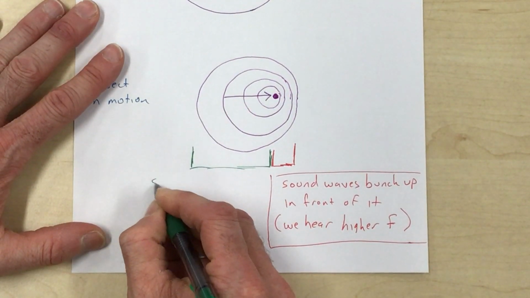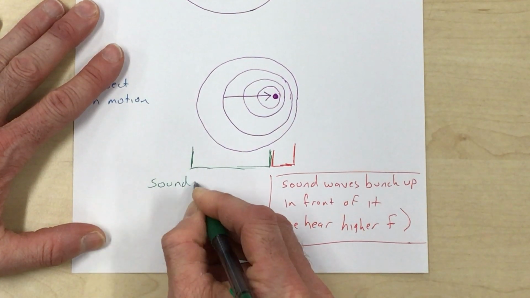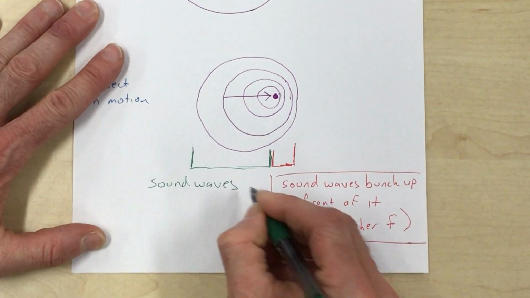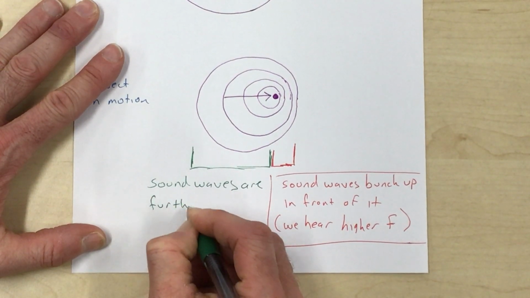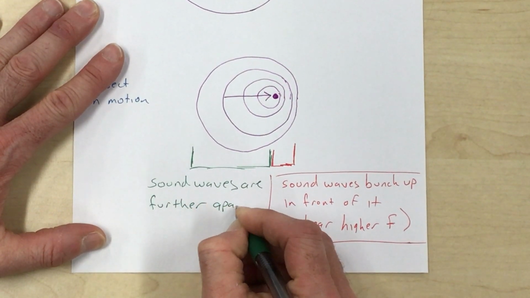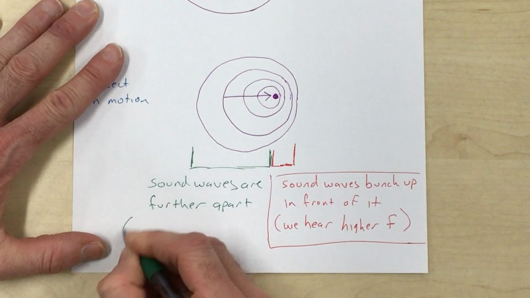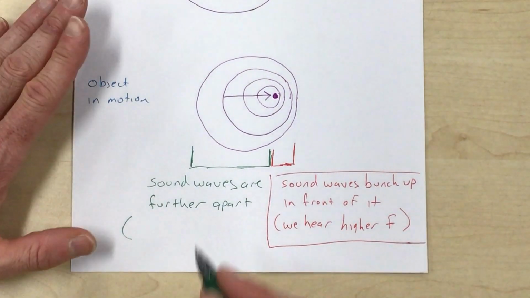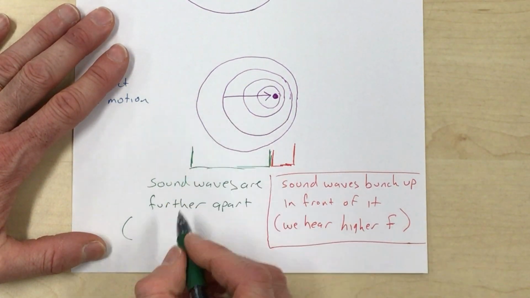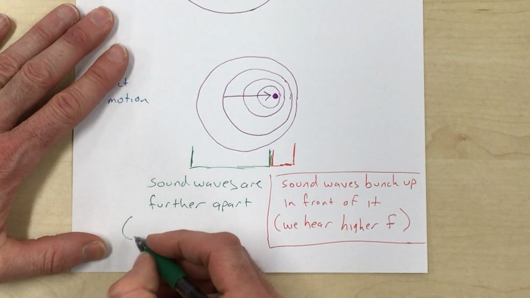So over here, the sound waves are further apart. And then we hear them as a lower frequency. A longer wavelength means a lower frequency and a lower pitch.